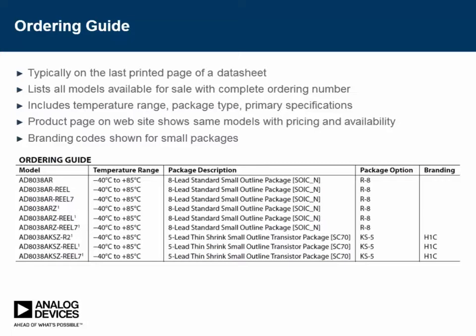When we make changes in the ordering guide, it will show up right away on the website product page, and it'll show up at the bottom. It might take us a few weeks to update the data sheet, but if you want to see what the latest is, you often want to look on the product page for that.